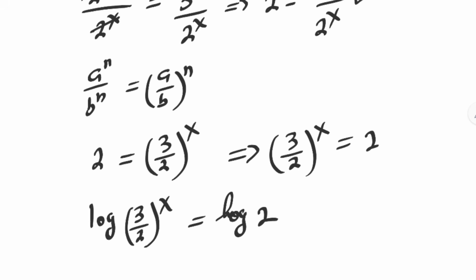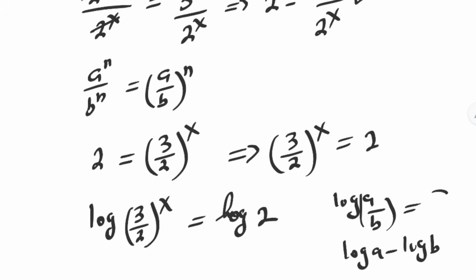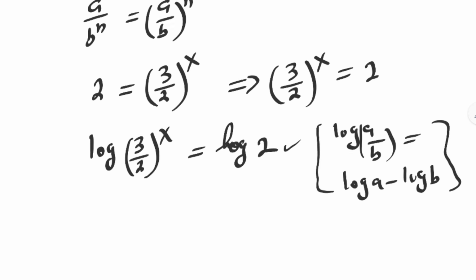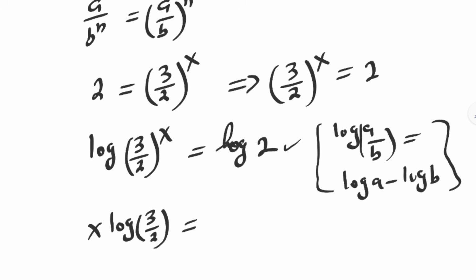Now if you have log a over b, this is equal to log a minus log b. Then the whole of this can be written as x log 3 over 2 is equal to log 2.